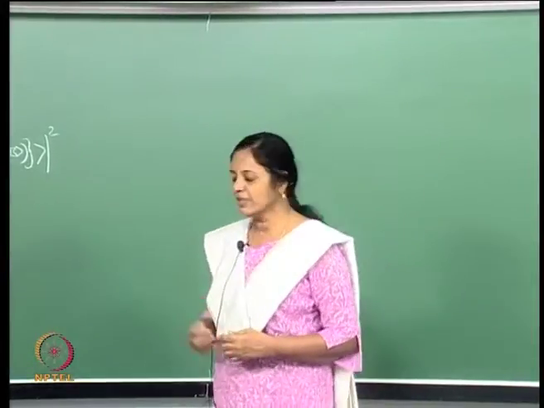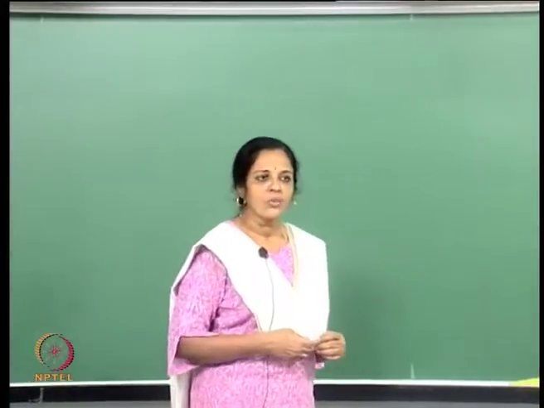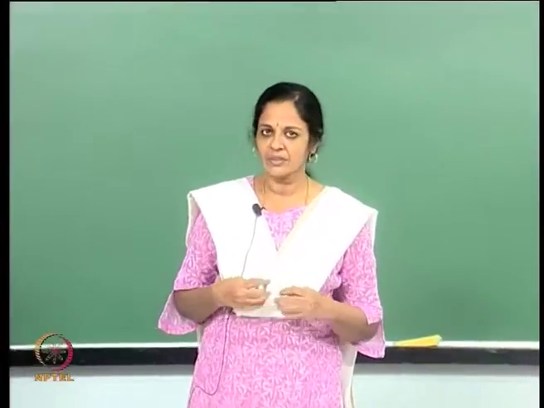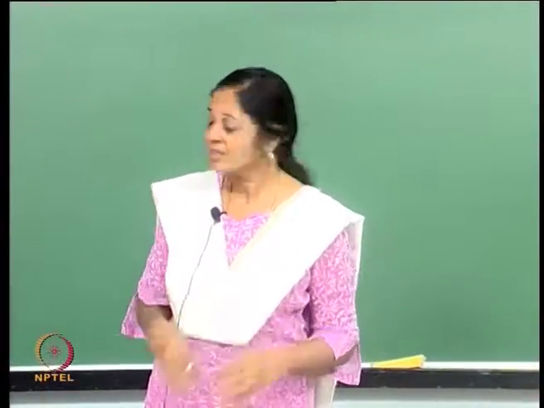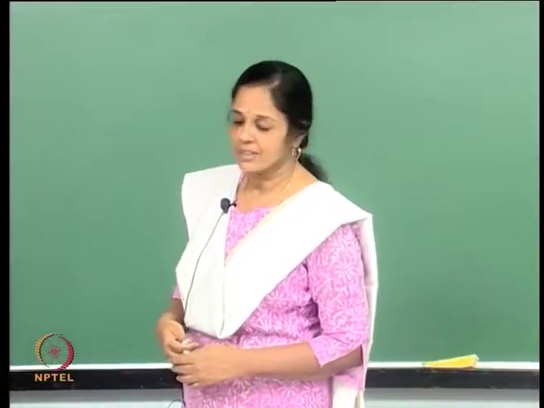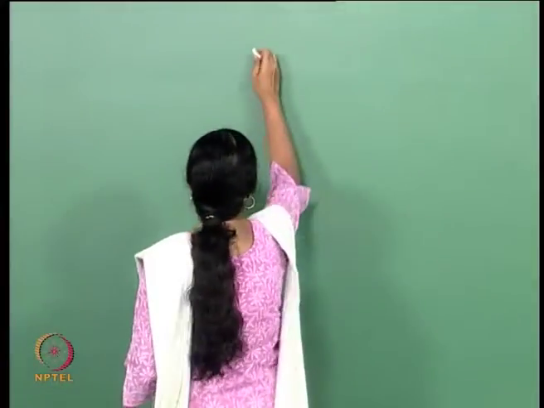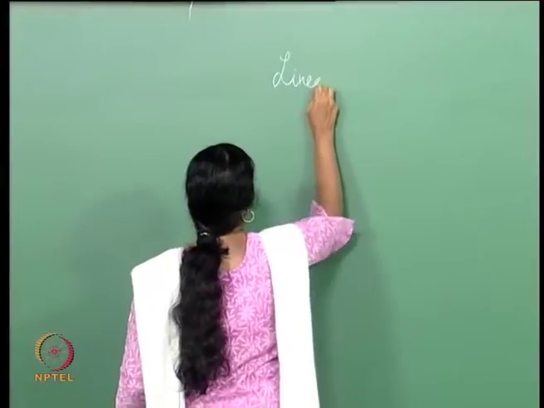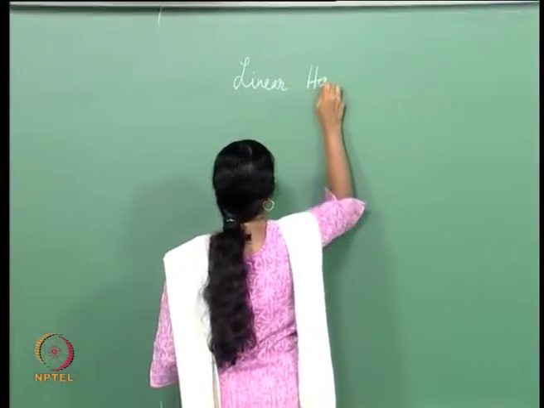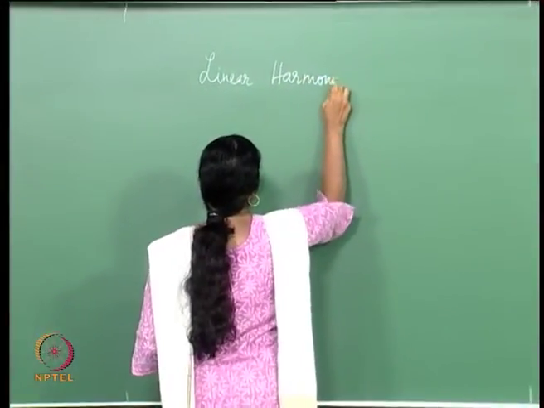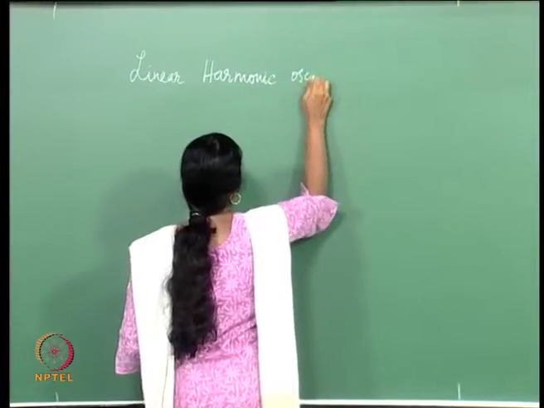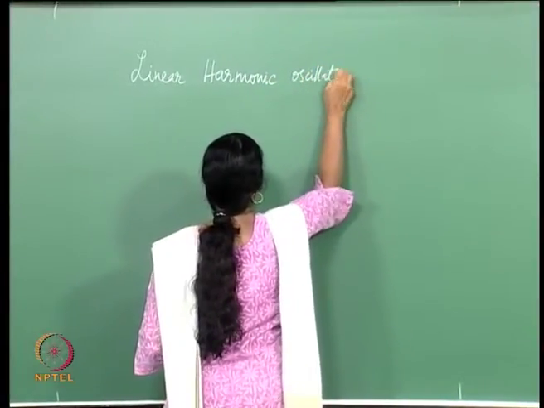The third example that I started looking at was a linear harmonic oscillator, the quantum linear harmonic oscillator, which is what we will do in some detail today. So we will be looking at the linear harmonic oscillator, the simple harmonic oscillator.